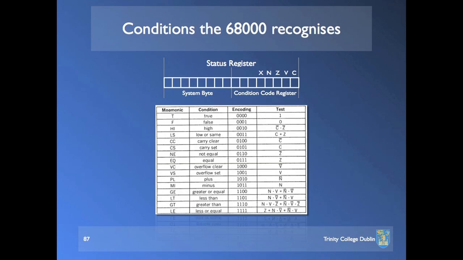Okay, so with that in mind, if we have a situation like this, where we have two long words to multiply together, and we want to produce a quad word result.